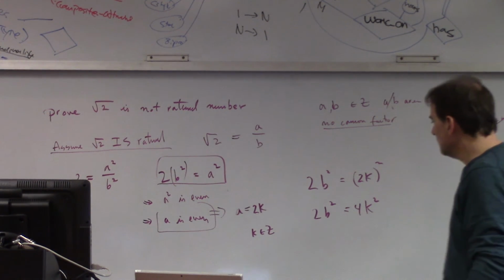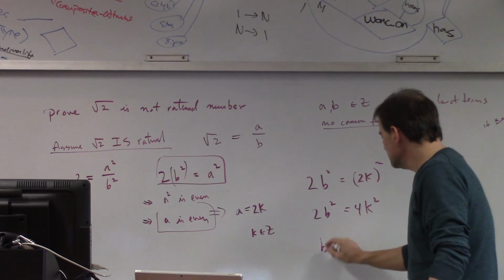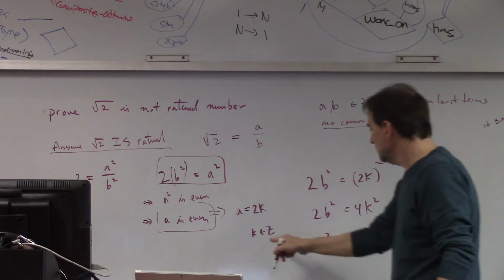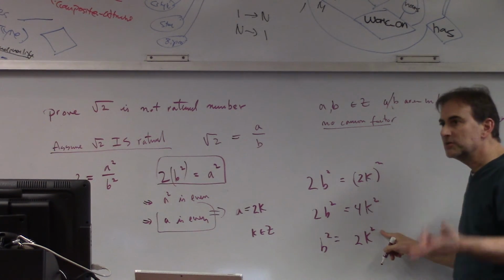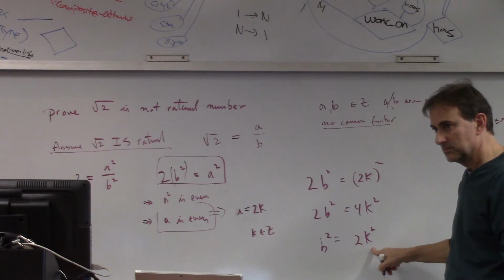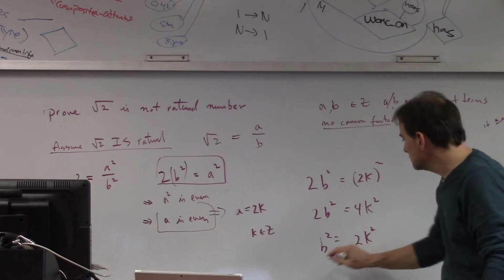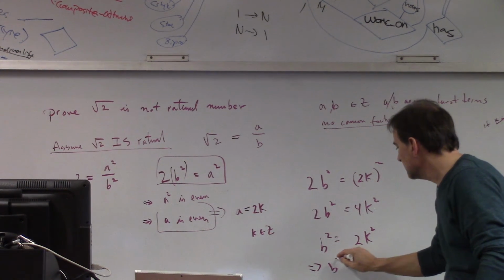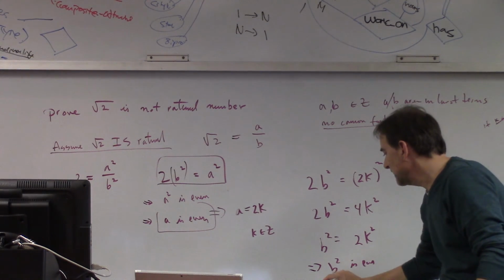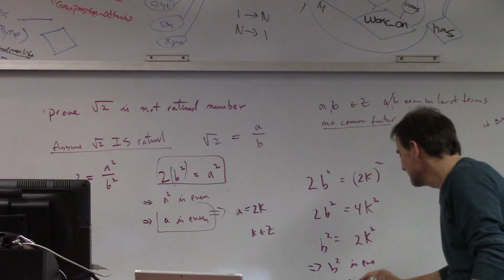And now I'm going to solve for b squared. So b squared, dividing by 2, is equal to 2k squared. What is k? It's an integer. What is k squared? It's an integer. What is 2k squared? It's an even integer. That means that b squared is even. And if b squared is even, that implies that b is even.